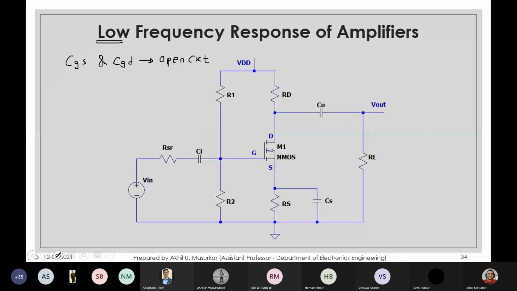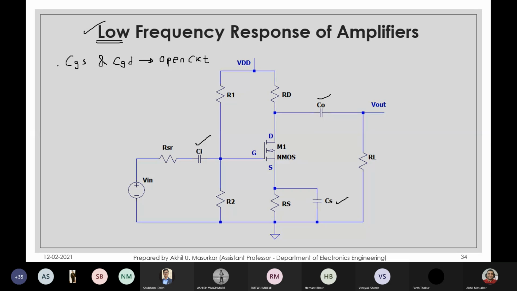So please draw this circuit. Once you are done drawing this, write done in the chat box. Now we are seeing the frequency response, but first we are trying to analyze the low frequency response. Low frequency means CI, C0 and CS affect the low frequency, and that is why we have kept those capacitances.